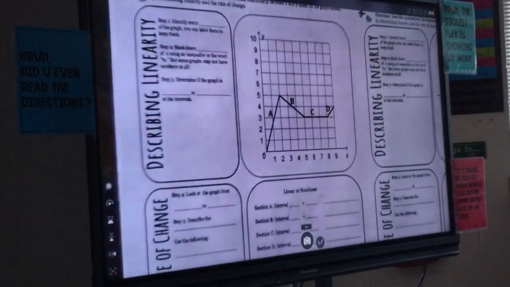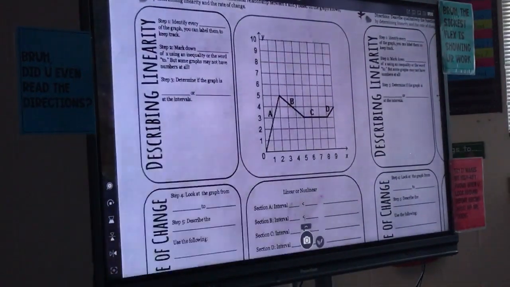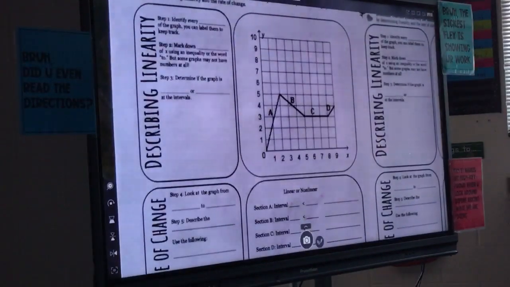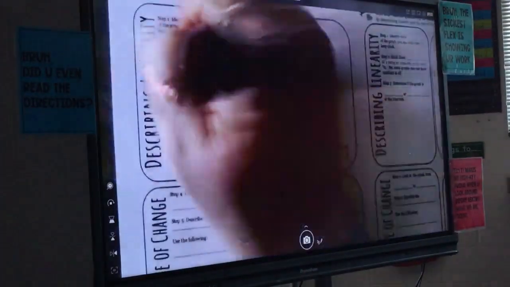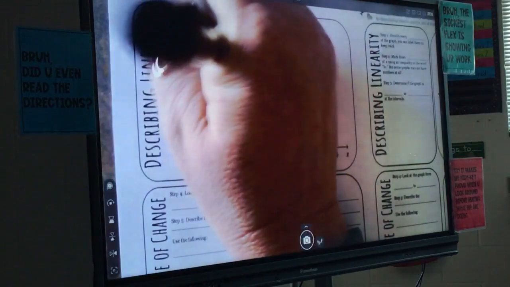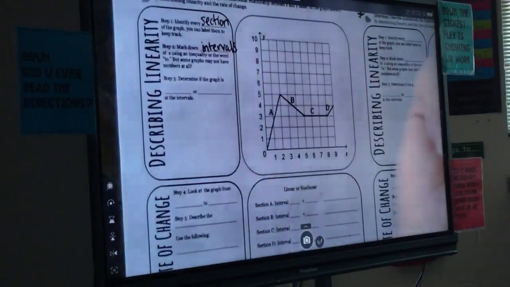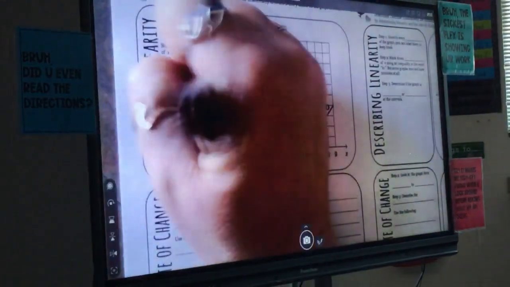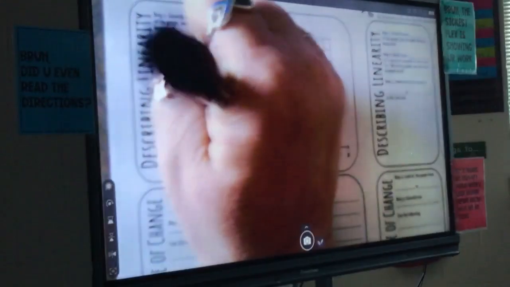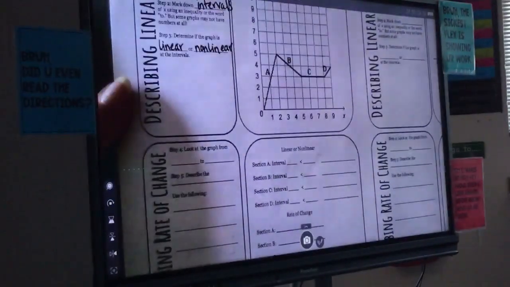All right, so the steps are still the same, but the graph is going to be a little bit different this time. So step 1, what do we have to identify? The sections. All right, step 2, we have to mark down what? The intervals. Step 3, we have to determine if the graph is what? Step 4, we have to look from what to what?